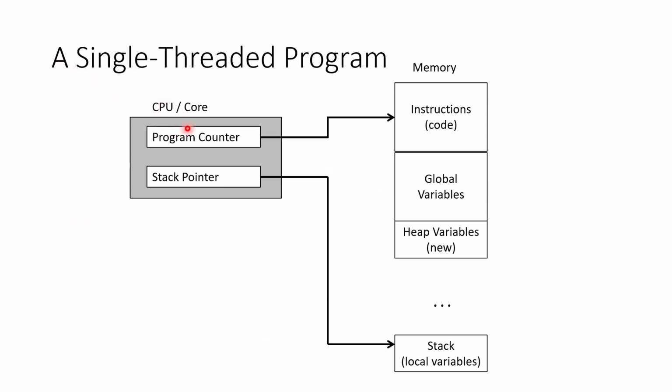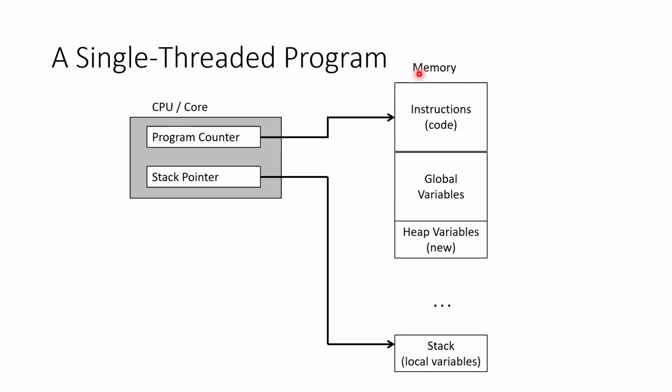So your CPU or your core, for a single-threaded program, has a program counter, the PC. It has a stack pointer that points to a place in the stack. Your program counter will always point to somewhere in your instructions, which is your code compiled into machine language.